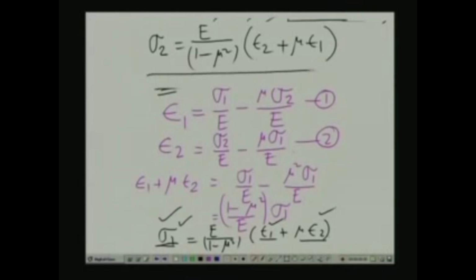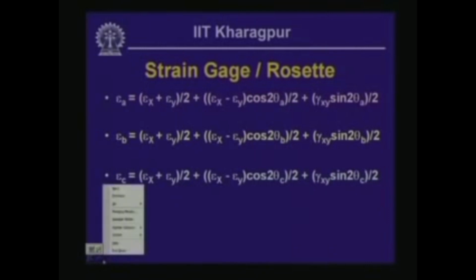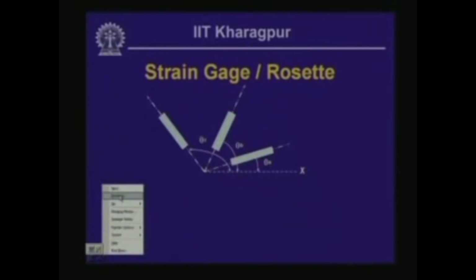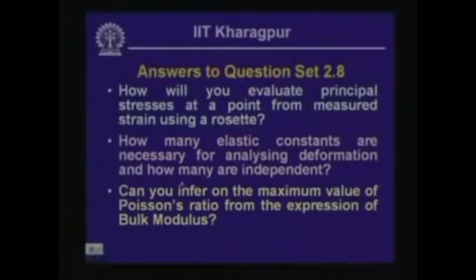So, these are the values of the principal stresses sigma 1 and sigma 2. This is how we evaluate principal stresses at a point from measured strain using a rosette, and from the measured strain data we can compute the values of principal stresses sigma 1 and sigma 2.